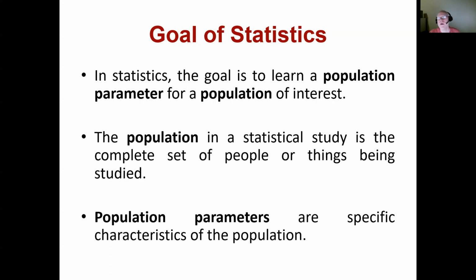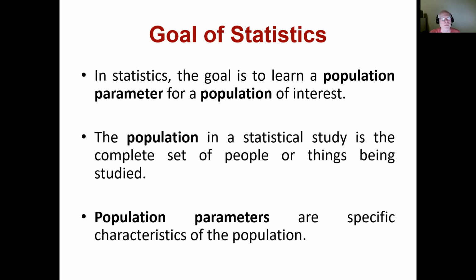If we wanted to learn about the demographics of students at Concordia, then the students in this class would only be a portion of that population. You need to look at the demographic breakdown of all students at Concordia.